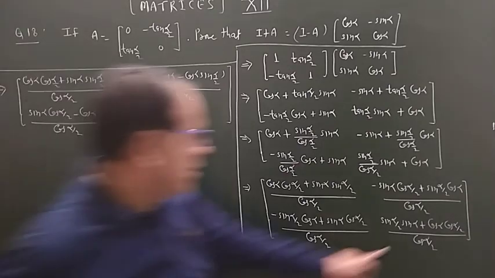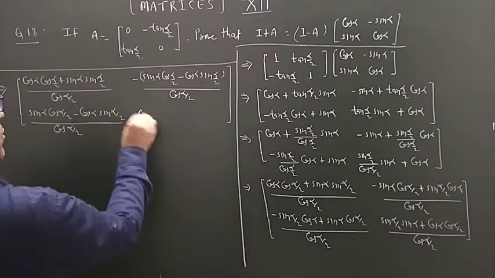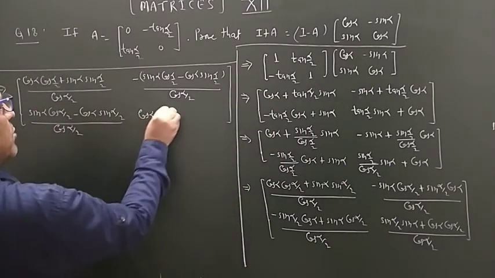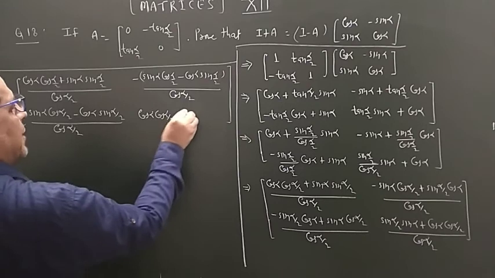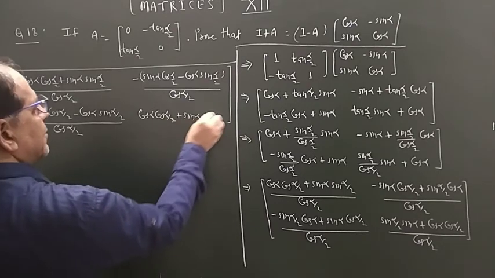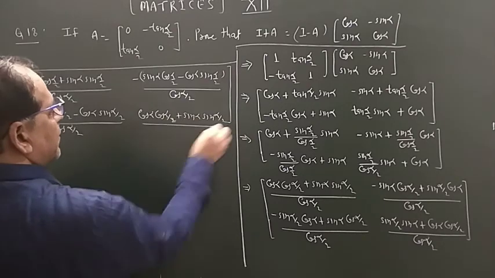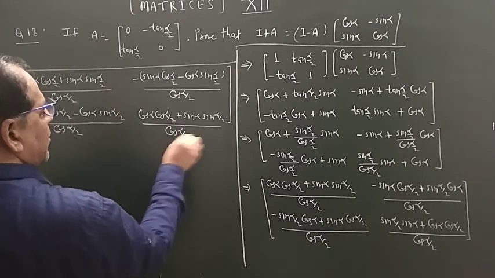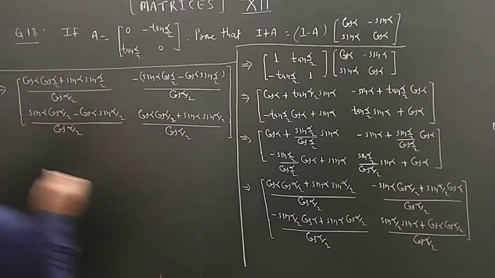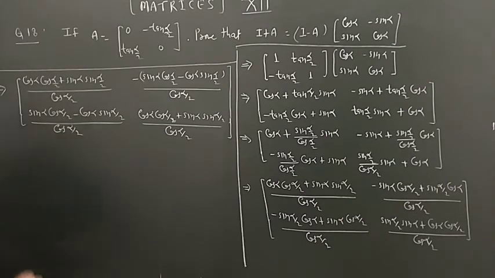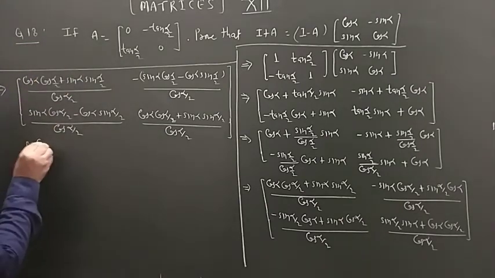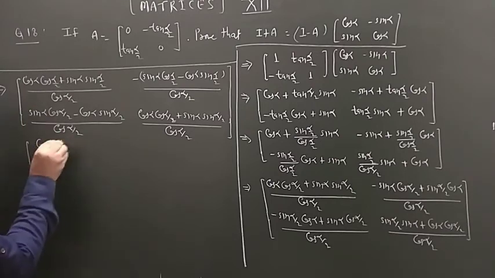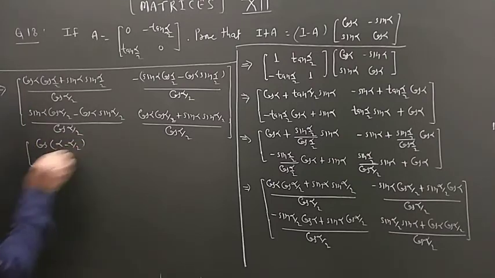Similarly, this term again arranged as cos alpha by 2 plus sin alpha by 2 upon cos alpha by 2. The next term, now we have cos A cos B plus sin A sin B. So this is an identity: cos of alpha minus alpha by 2, upon cos alpha by 2.